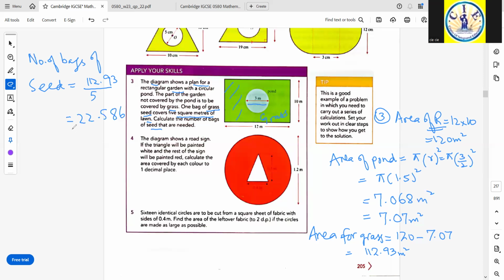So giving the answer for the number of bags, we round it off to the next whole integer, that is 23. So that requires 23 bags in total. So to plant the grass on this region, we require 23 bags.